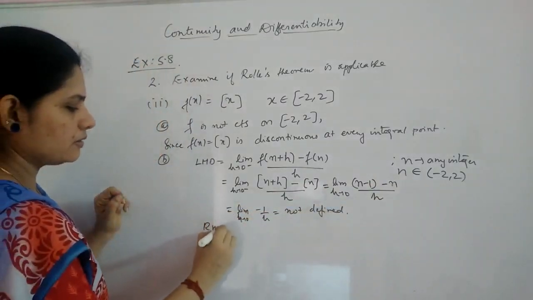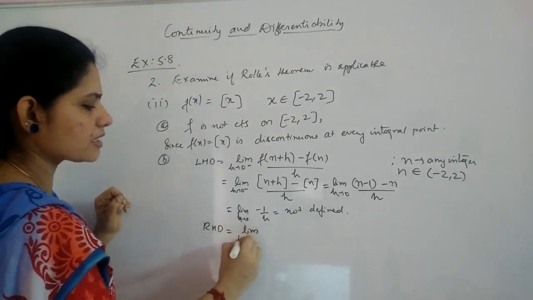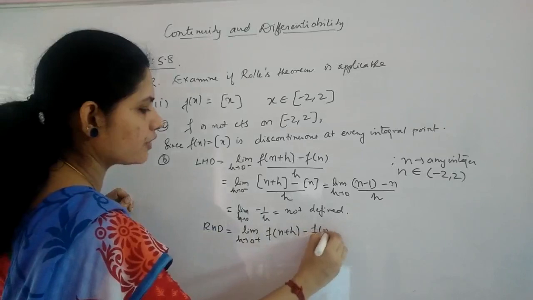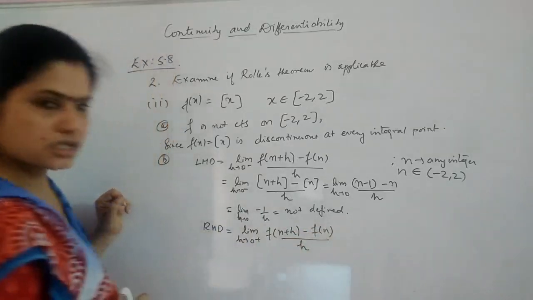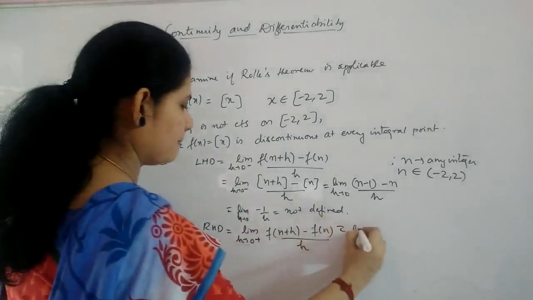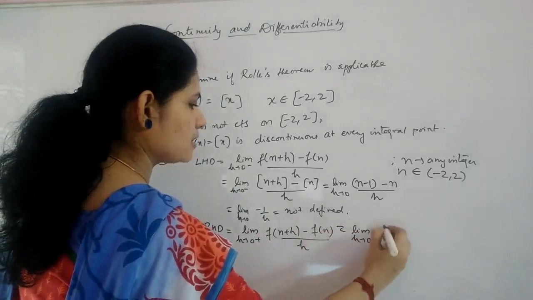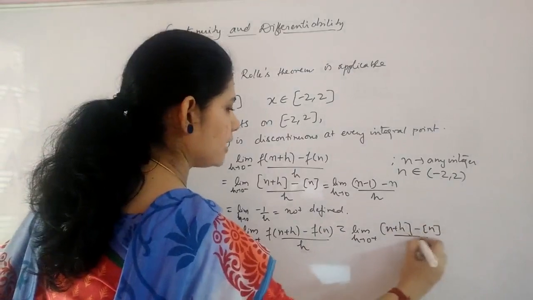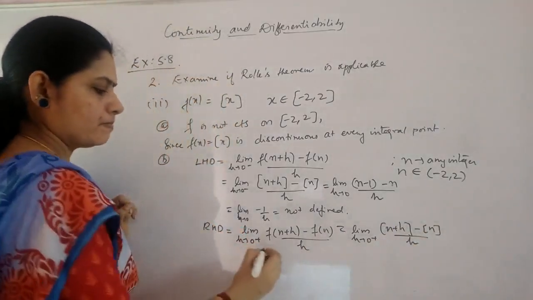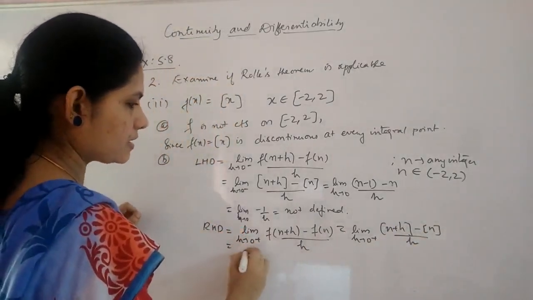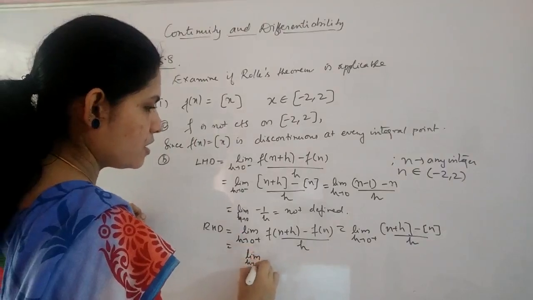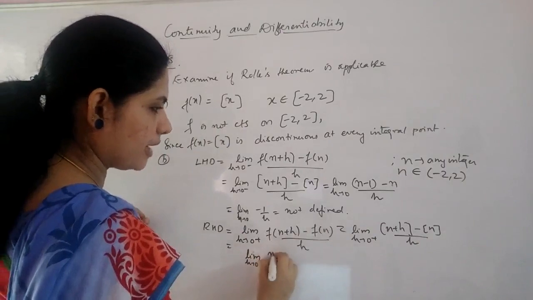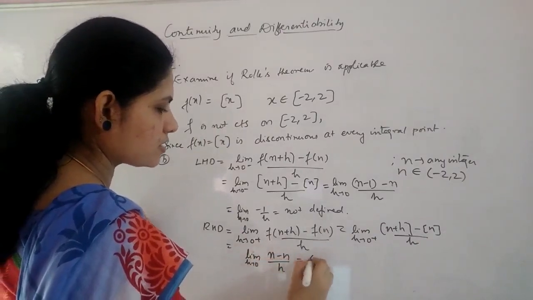Now for RHD, you will have limit h tends to 0 plus f of n plus h minus f of n divided by h, which is limit h tends to 0 plus greatest integer of n plus h minus greatest integer of n divided by h. Greatest integer of n plus h will become n, so n minus n divided by h, which is 0.